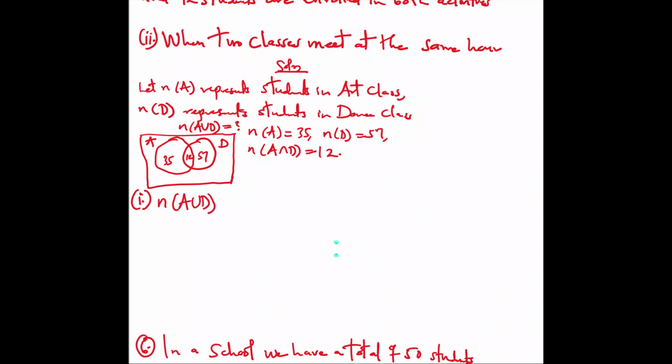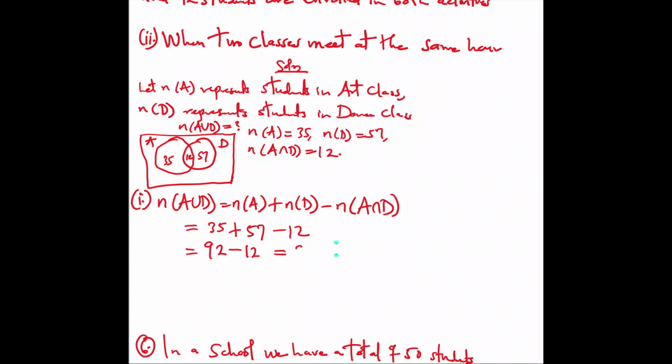So the number of A union D is equal to the number of A plus the number of D minus the number of students that are common to both classes. So we already know that the number of A is 35, plus 57 minus 12. So that's 92 minus 12, which is 80.